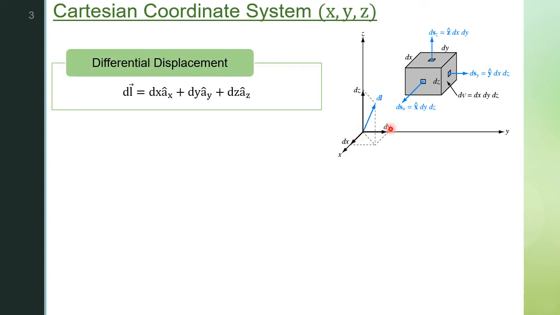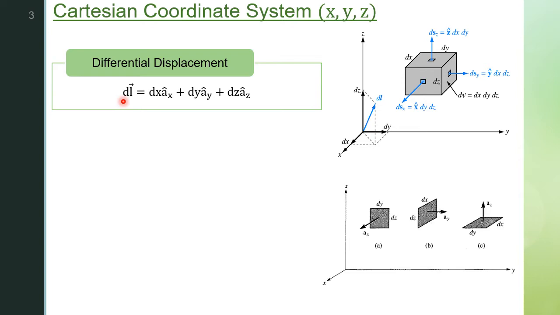So the differential displacement vector can be written as dx ax cap plus dy ay cap plus dz az cap. This is the differential displacement vector in the Cartesian coordinate system, a vector which denotes the position vector of a point.